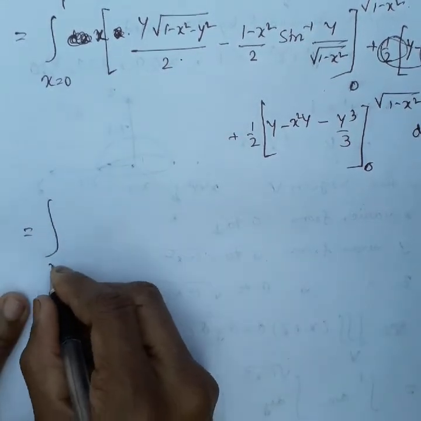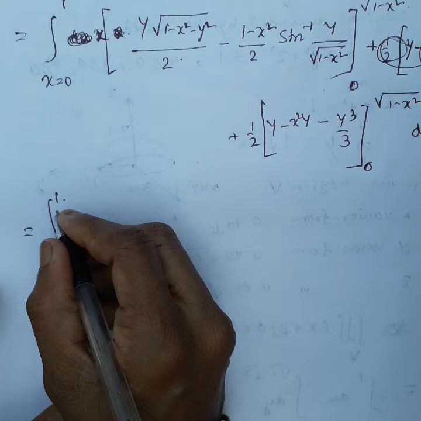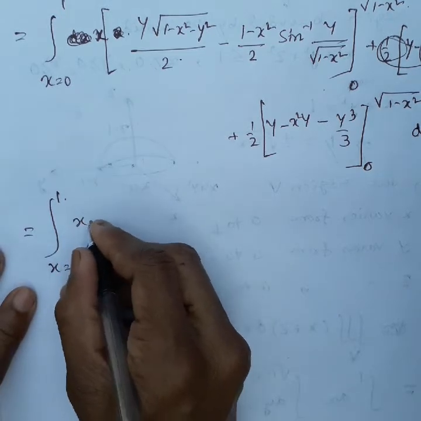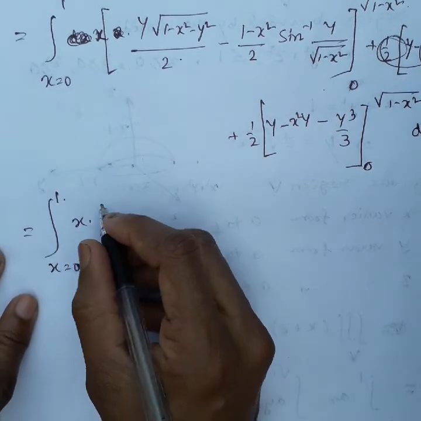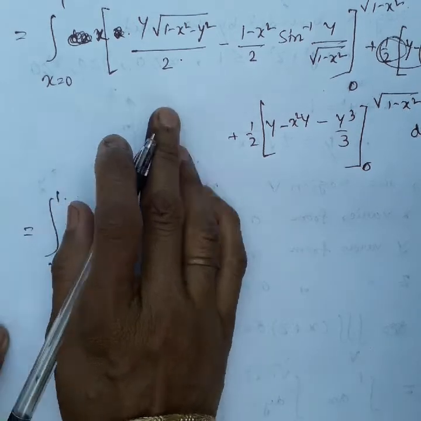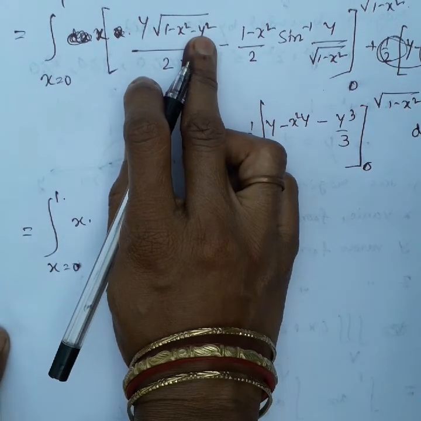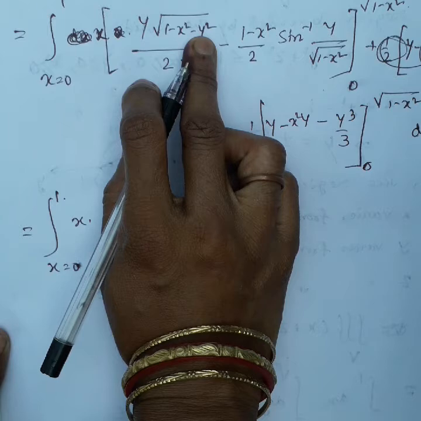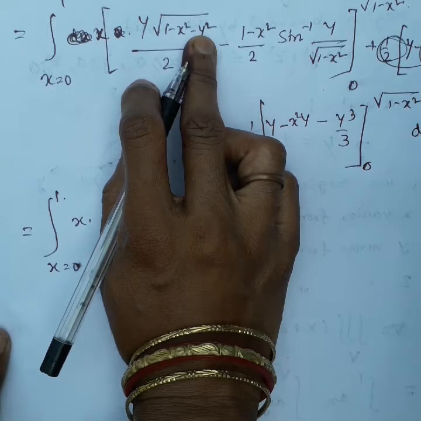So x equals 0 to 1. This x into, if we put the value of y here as root of 1 minus x square, so this will be cancelled.